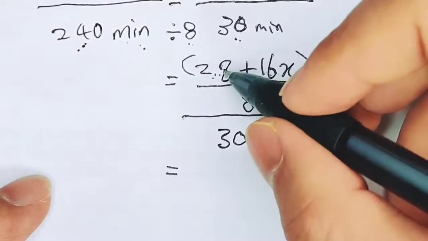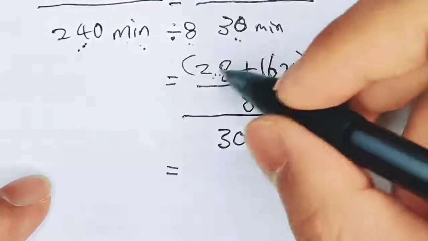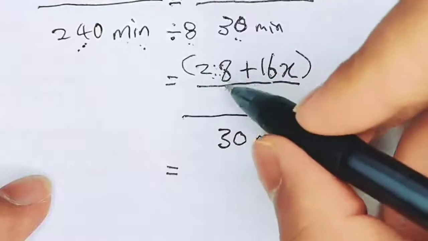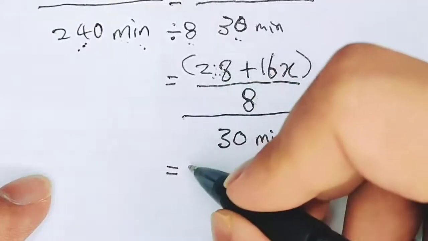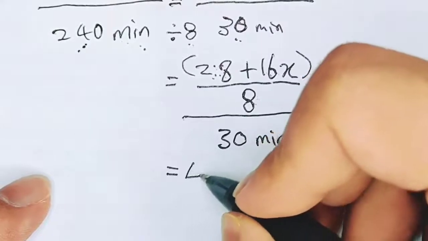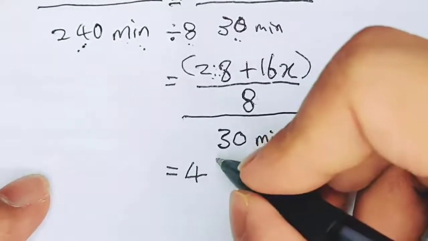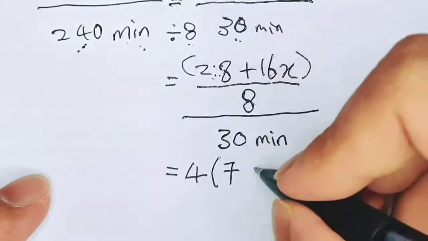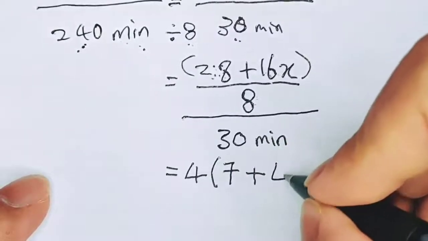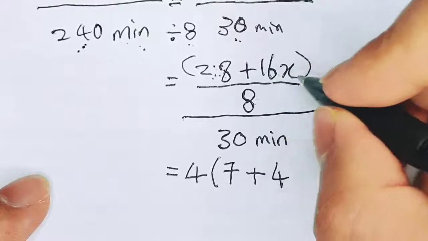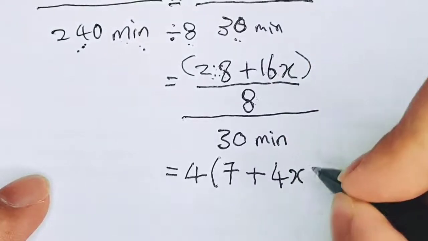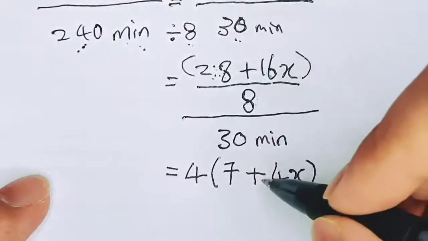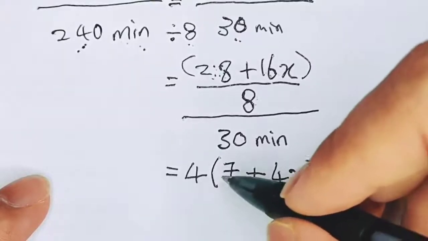What are the same things inside here that are shared with both of them? It is a number, and that number is 4. 4 times 7, we get 28, and 4 times 4, we get 16, and x, let it be. Okay, and this is how we factorize. Do you still remember?